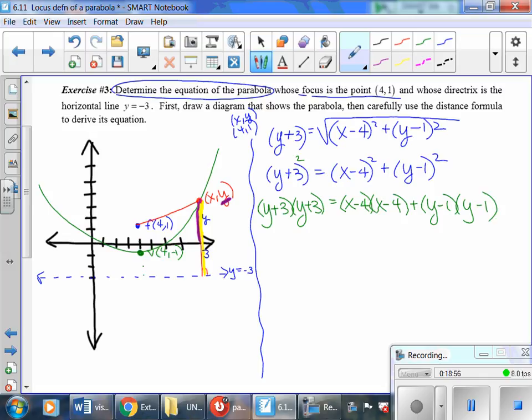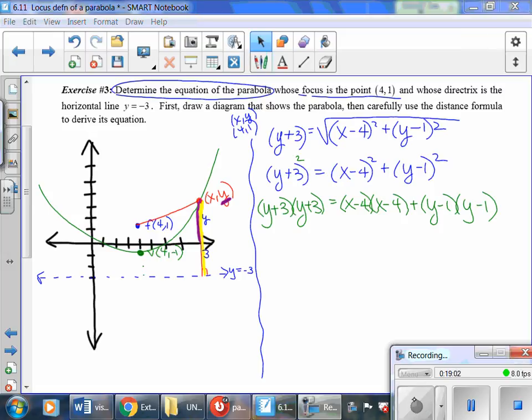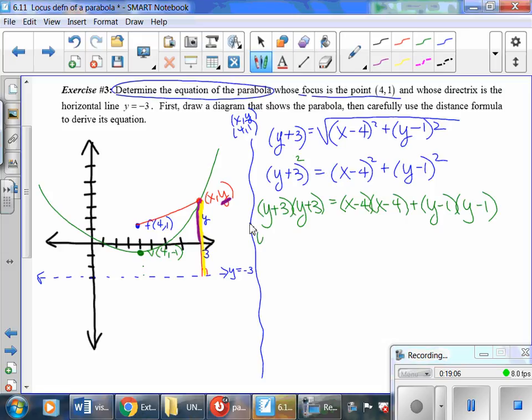Okay, so now let's multiply it all out. So what do we get? We get y squared plus 6y plus 9 is equal to x squared minus 8x plus 16 plus y squared minus 2y plus 1.